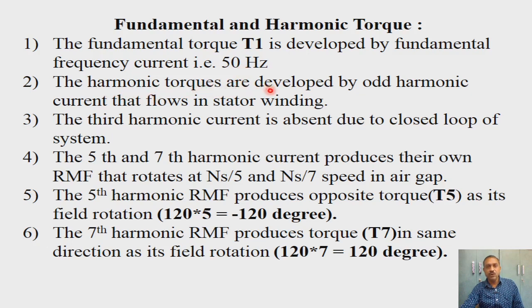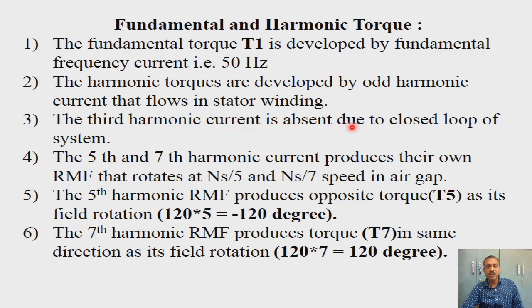Out of these, the odd harmonics are the important ones that can flow in the stator winding. Out of the odd harmonics, the third, fifth, and seventh harmonic currents and their respective torques are important from the point of view of the crawling effect in the induction motor.